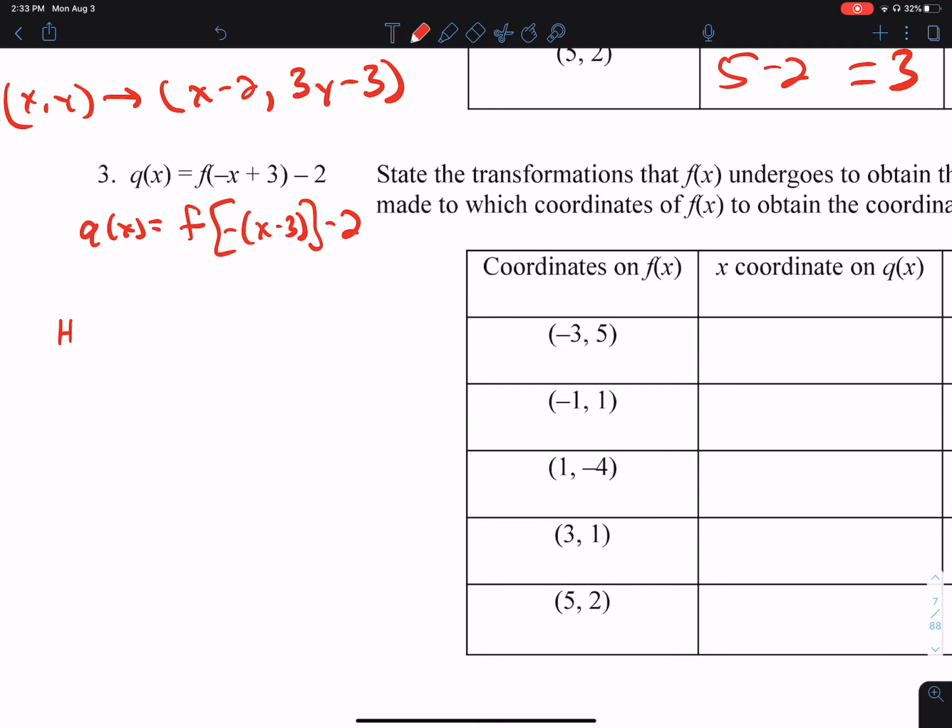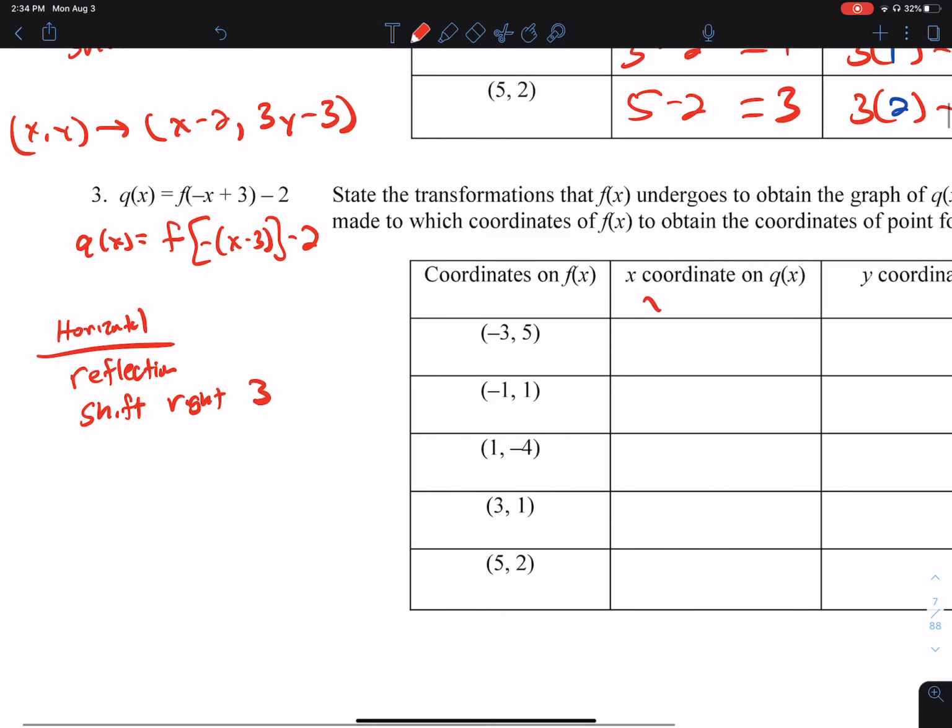Horizontal, stuff on the inside. Horizontal reflection because of this negative, and we're going to translate to the right 3. That means that we're going to take the x values that we had and change their sign, and then we're going to add 3 to it.